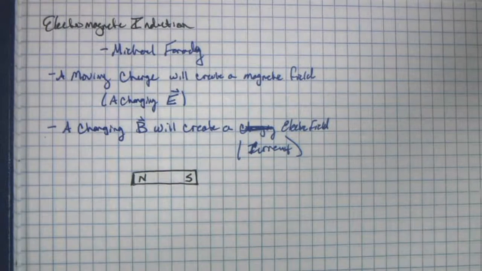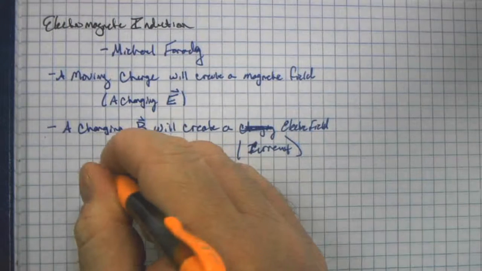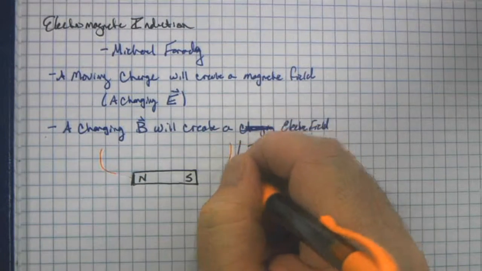We draw the field lines on a magnet, and they look kind of like this. You guys remember this?